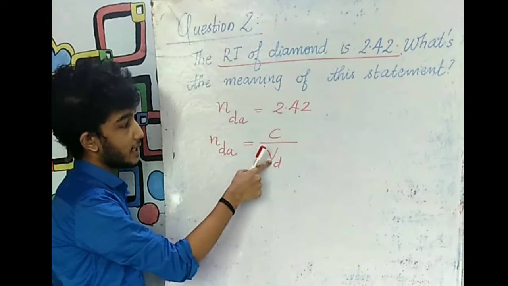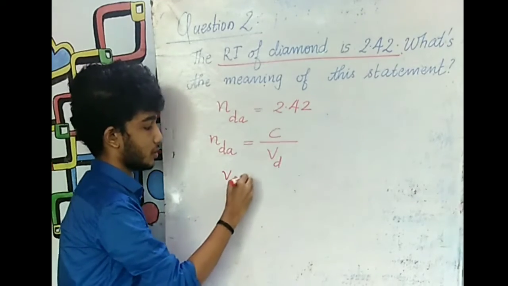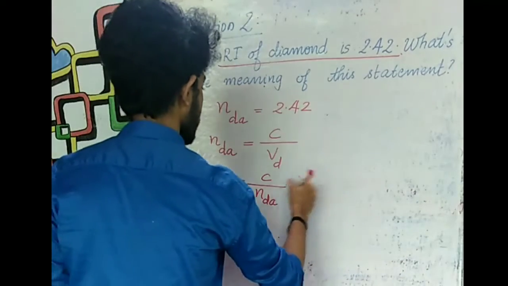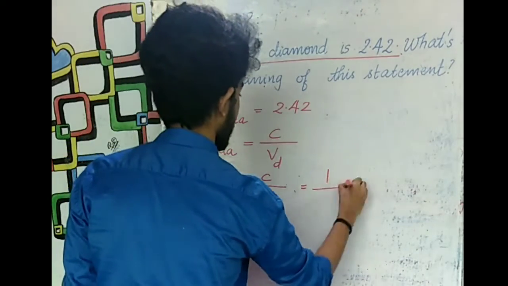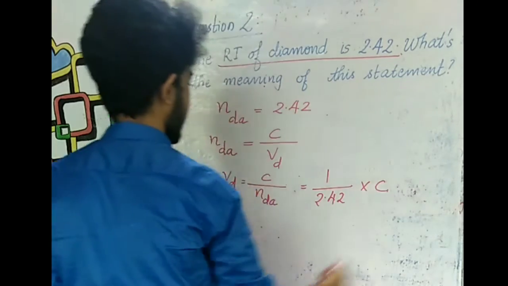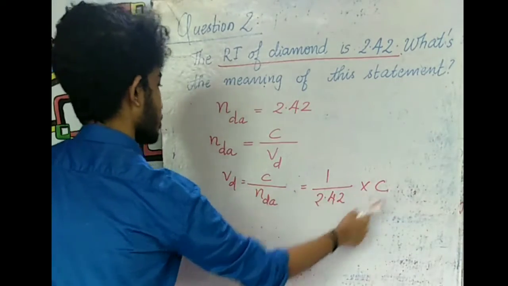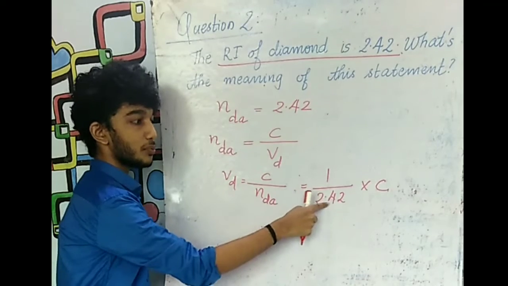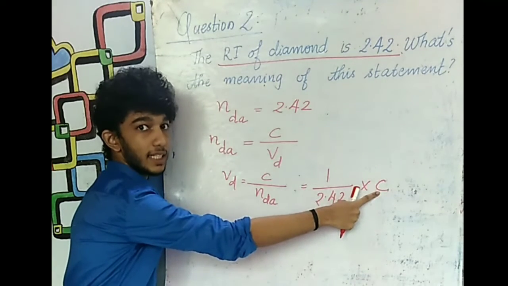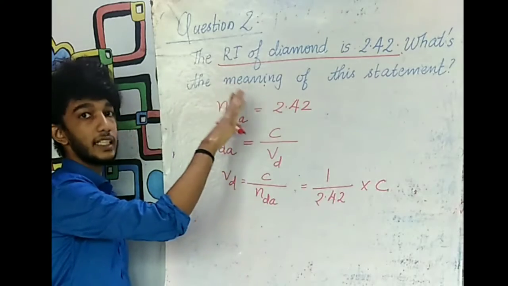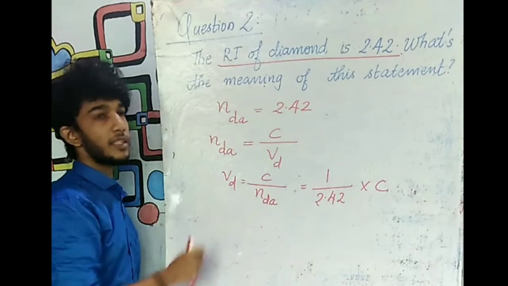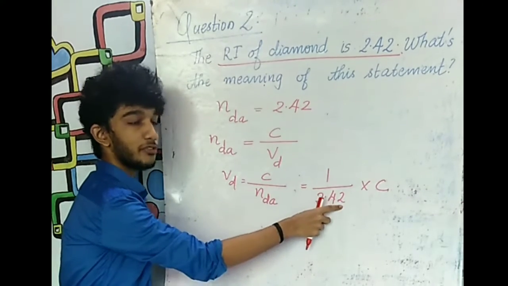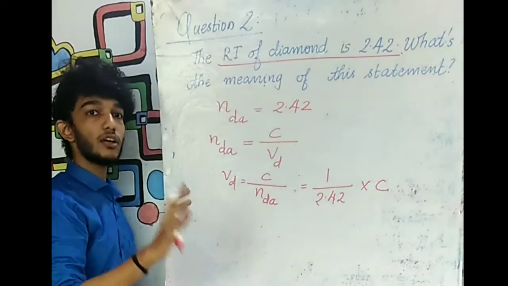So we can write Vd equal to C divided by Nda, which is equal to 1 by 2.42 into C. Vd equal to 1 by 2.42 into C means the velocity of light in diamond will be 1 by 2.42 times the velocity of light in air or vacuum. This is what we can interpret from this statement.